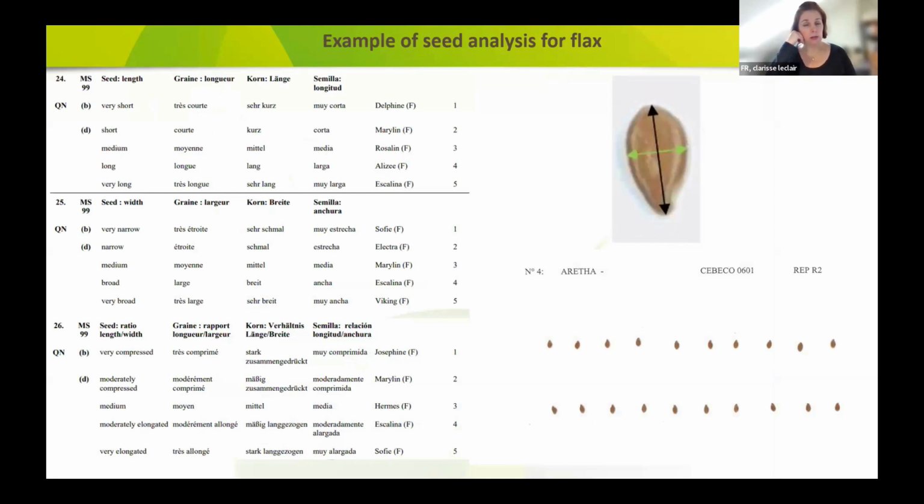On flax, another organ that we collect in the field is a seed. So in the protocol, we measure seed length, seed width, and the ratio. And it's quite a small organ, the seed of flax. So it's easier and more precise actually to do it with image analysis.